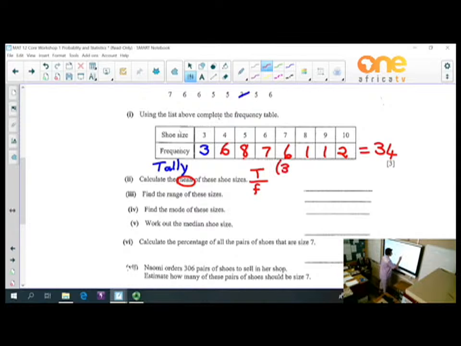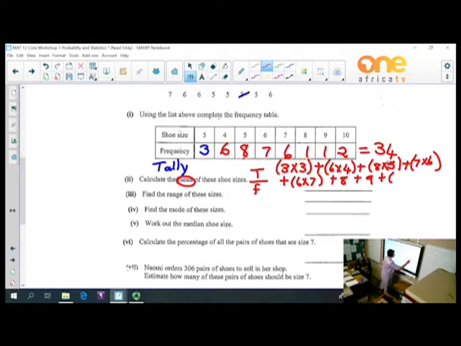So to do that, we're going to say 3 by 3 plus 6 by 4 plus 8 by 5 plus 7 by 6 plus 6 by 7 plus 8 plus 9 plus 2 times 10. You have to get the total there. And then we can divide this whole number by 34, because 34 is my frequency.